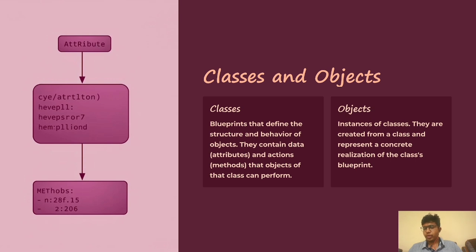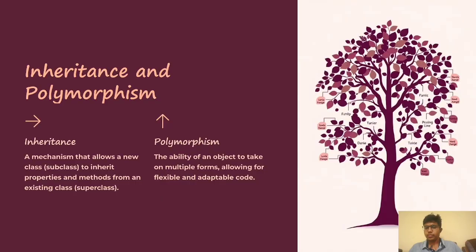Objects are the instances of classes that are created from a class and represent a concrete realization of the class's blueprint. Inheritance and polymorphism: inheritance is a mechanism that allows a new class to inherit properties and methods from an existing class. Polymorphism is the ability of an object to take on multiple forms, allowing for flexible and adaptive code.